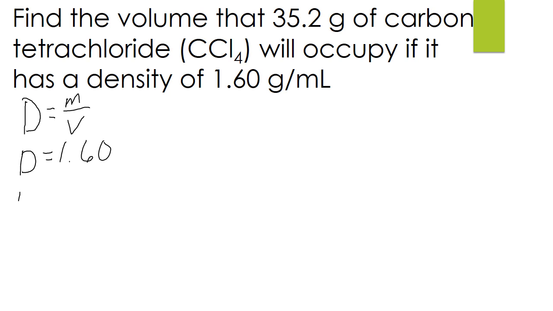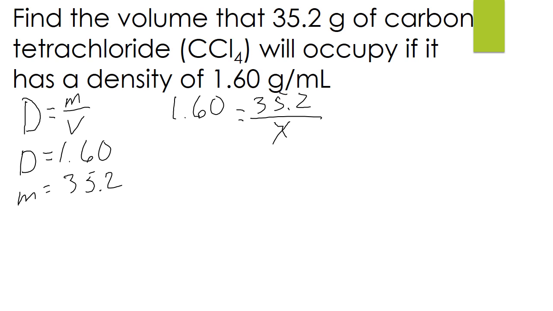I know the mass is 35.2. Let's plug everything in. Sorry. Talking, writing, and making sense of all this at the same time is actually really tricky. Sorry. 1.6 is going to equal 35.2 divided by my x.